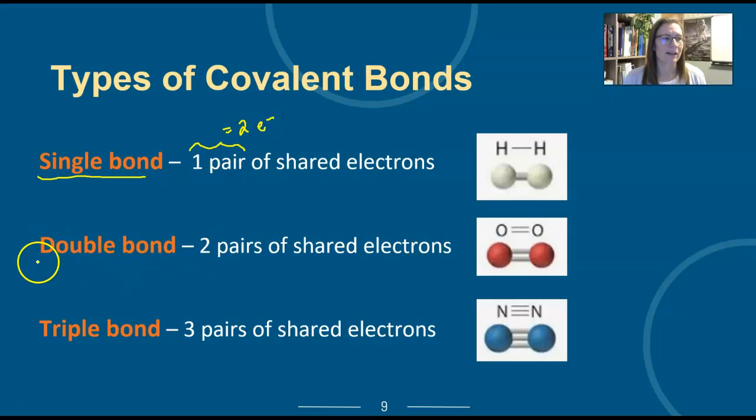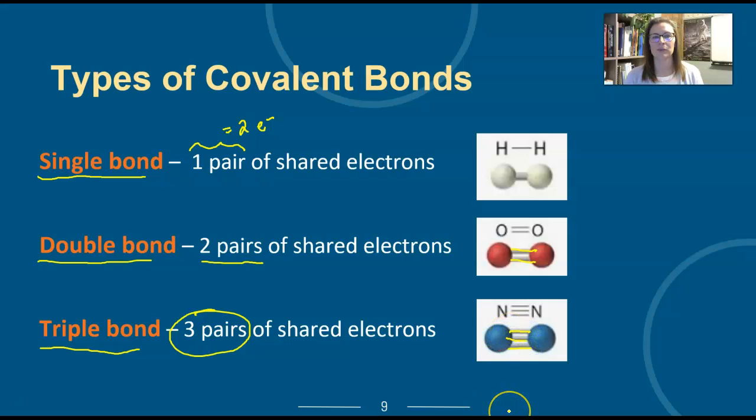A double bond is 2 pairs, that we draw with 2 sticks. You could just draw these examples over here if you would like to. And a triple bond is 3 shared pairs, so 3 sticks like we drew with the nitrogen.